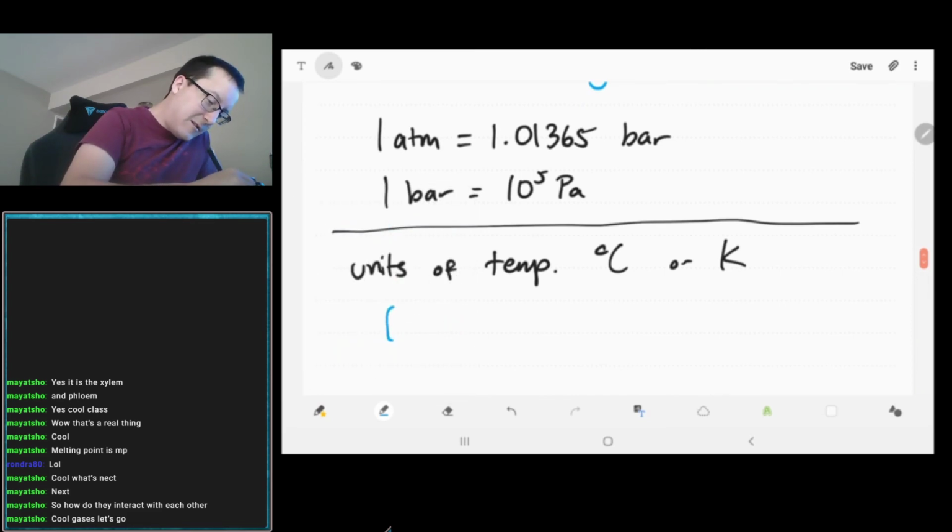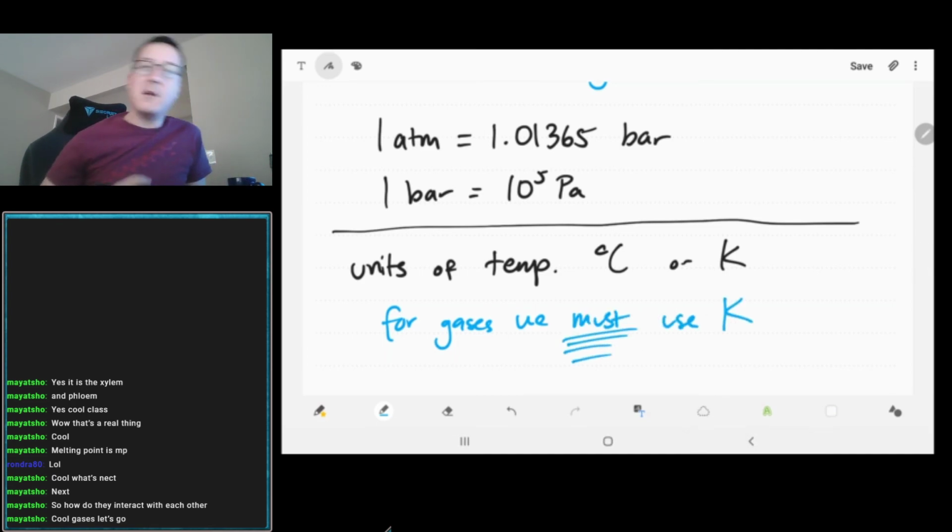For gas laws, we must use Kelvin. Everything works with Kelvin for the gas laws. We're going to see that for degrees Celsius, it does not work. And we're going to see that tomorrow. Examples of why degrees Celsius will not work for our gas laws. And so we're always going to use Kelvin.